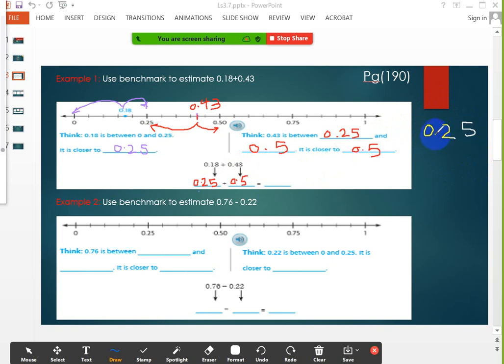Okay? And I have to order the numbers under 0.25 according to the digits. So I will write 0.5. Okay? And then add the numbers.